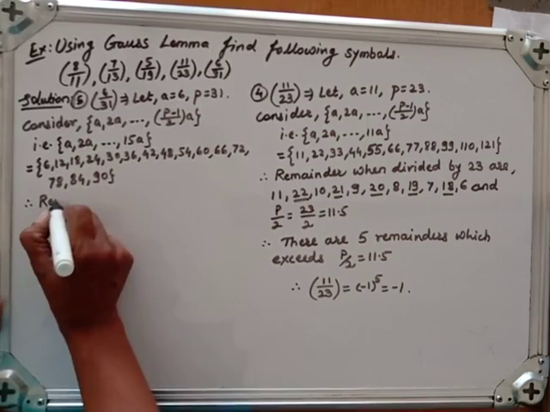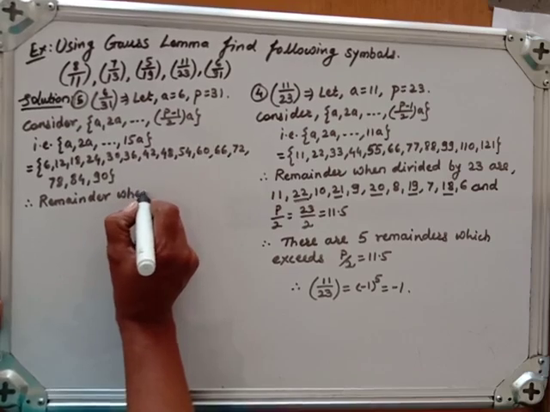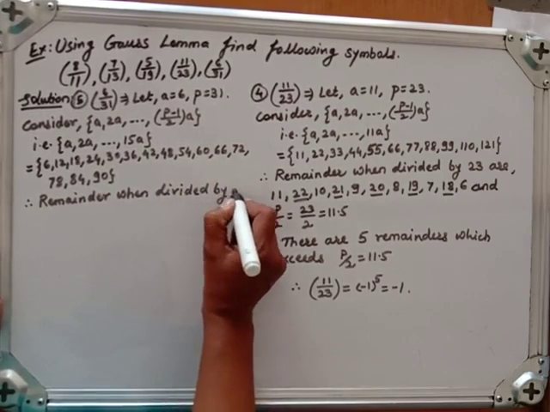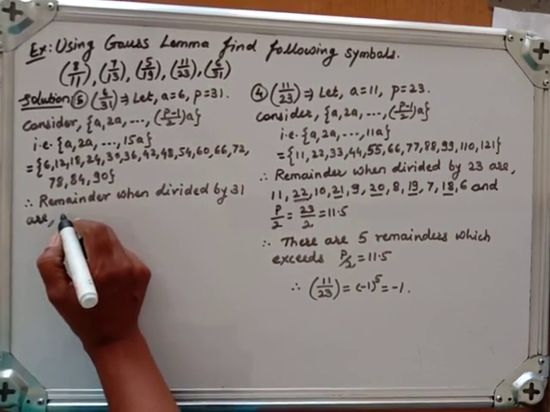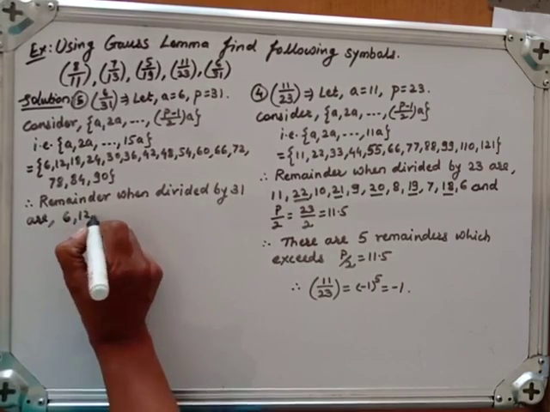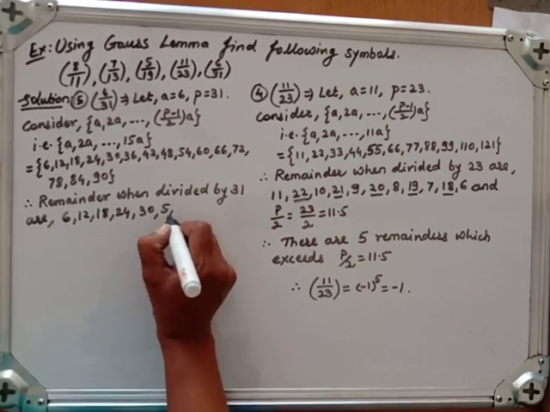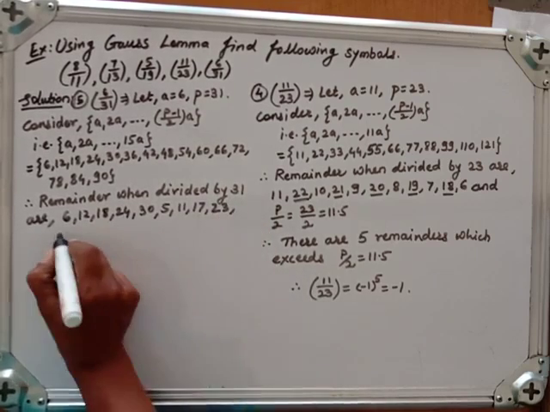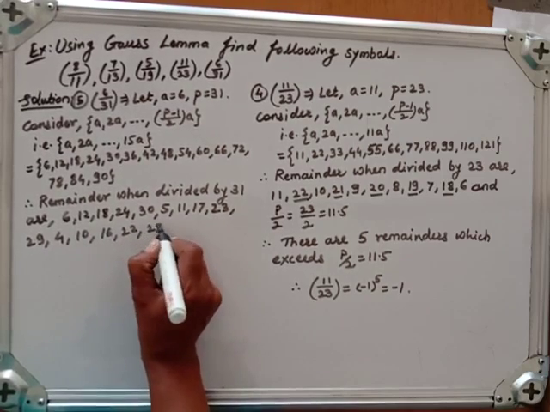Therefore, the remainders when divided by 31 are 6, 12, 18, 24, 30, 5, 11, 17, 23, then 29, 4, 10, 16, 22 and 28.